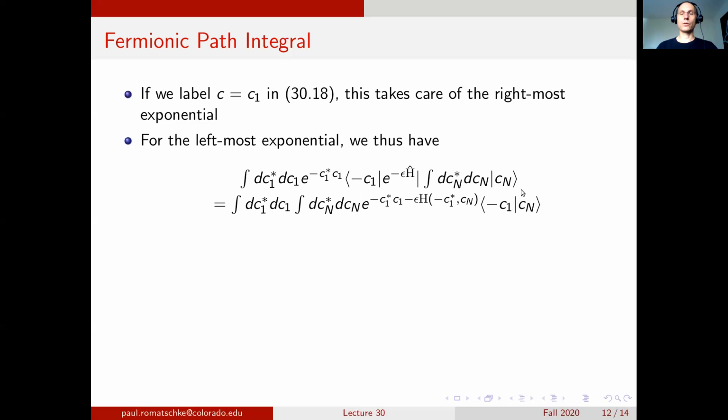Again, we can pull through the integrations and evaluate the Hamiltonian with respect to the states minus C1 and Cn. This will give us the eigenvalues minus C1 star and Cn for the Hamiltonian function. And again, plugging in the explicit result for the transition amplitude, we find that we can write this whole object in the following form.